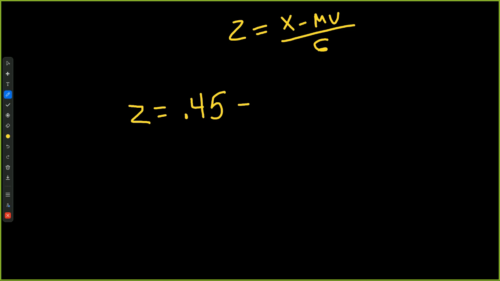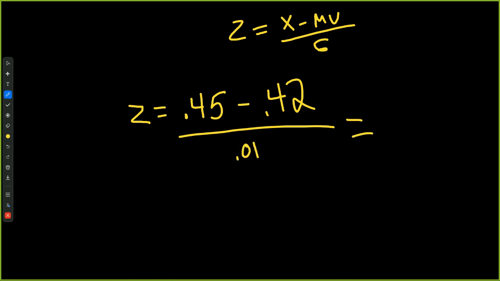I know my mu variable is going to be 0.42, divided by the standard deviation, or 0.01. When I say 0.45 minus 0.42, I then get a z-score of essentially 3.